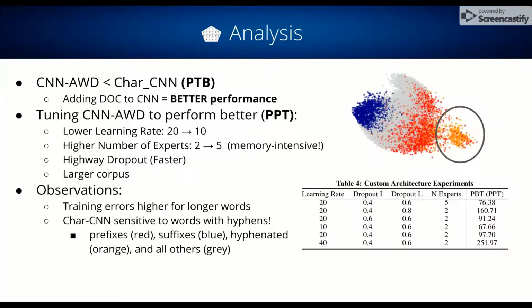We noticed that training errors were higher for longer words, and that our character CNN was more sensitive to words with hyphens, which is shown in the figure on the right in orange. It's a PCA figure of n-gram representations of words, and we can notice that our representations are particularly sensitive to hyphenated words, which reflected the observations in Kim et al. 2015.